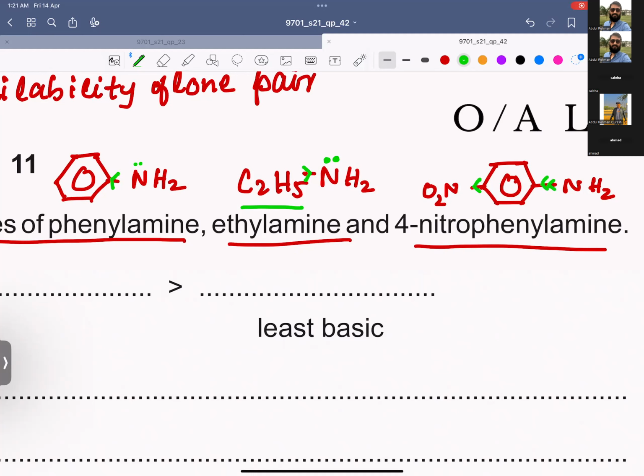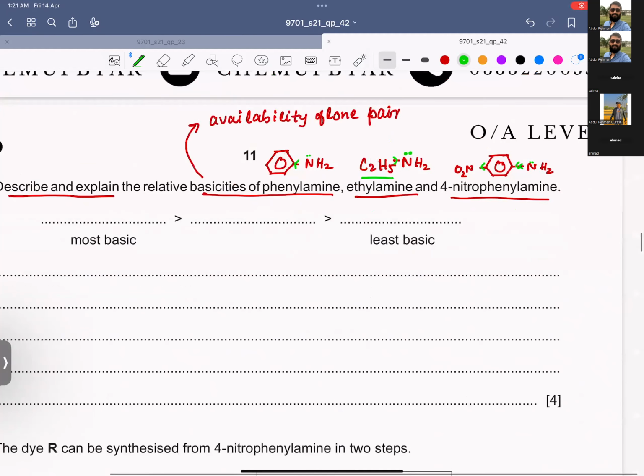The electron withdrawn towards the benzene ring from the nitrogen of the amine would be even greater. Hence, it has a very low likelihood to share its lone pair to accept the hydrogen. So that's why it would be the weakest base or the least basic.